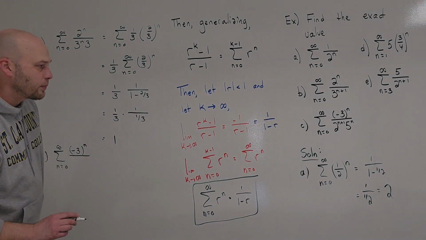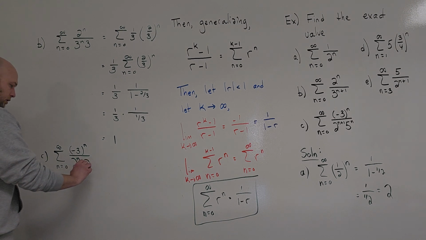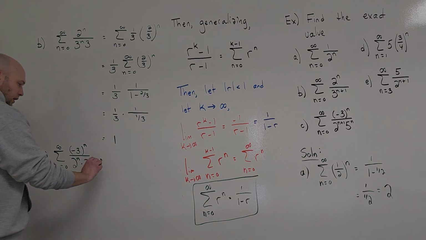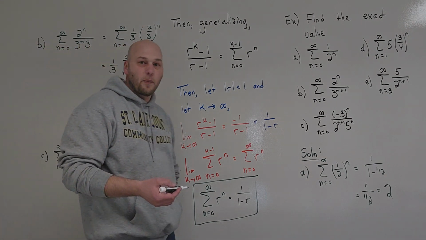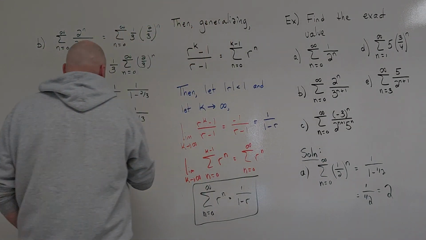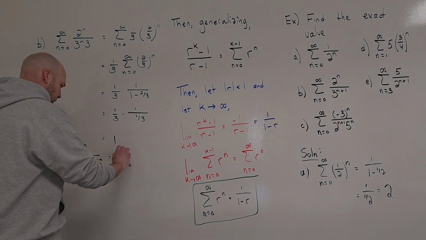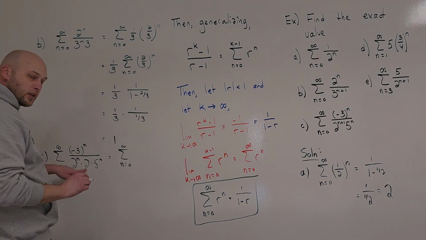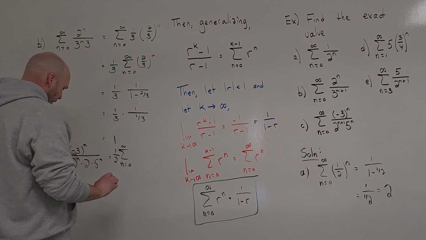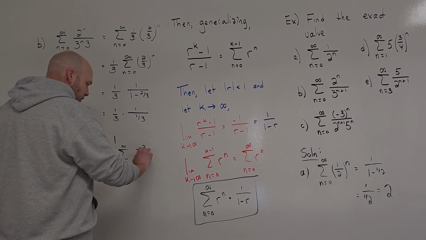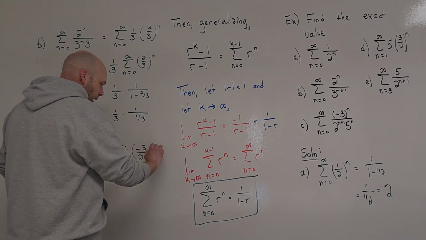And then 2 to the n plus 1, I can write that as 2 to the n multiplied by 2, and then times 5 to the n. Let's group together the terms there that have a power of n, giving me this 2 in the denominator, that 1/2, I could actually bring that out front. And then everything that's inside, minus 3 over 2 times 5, all of those have a power of n.